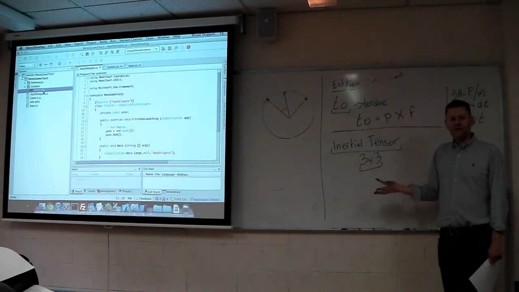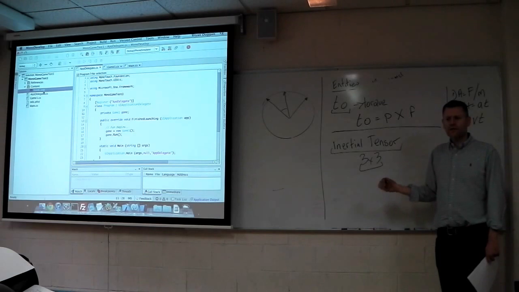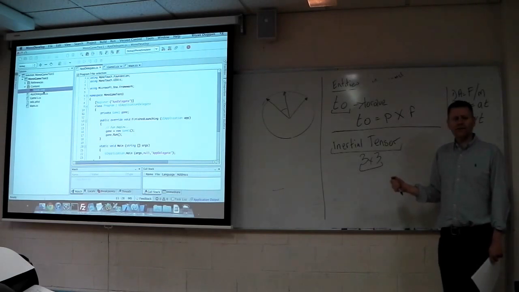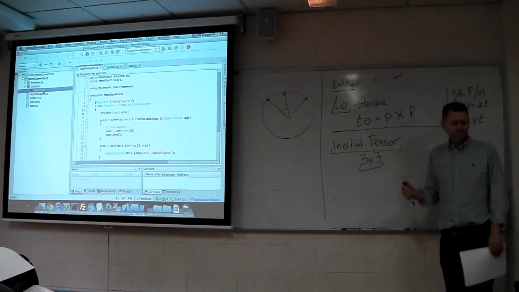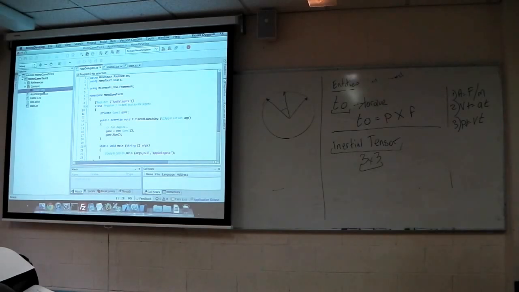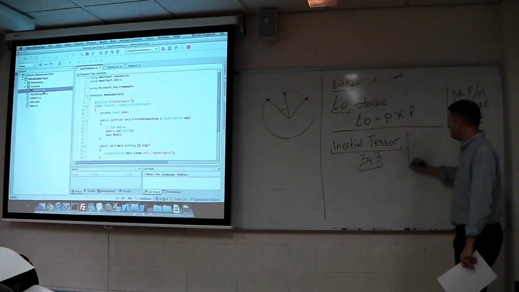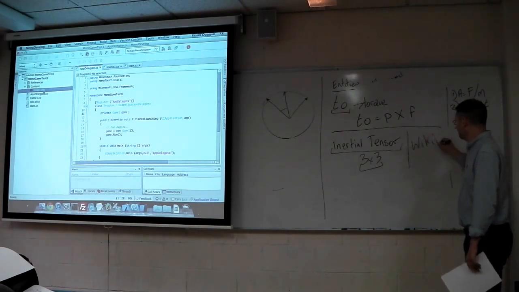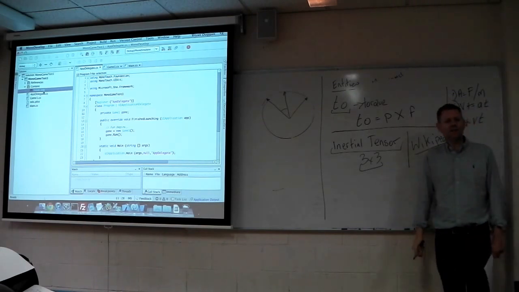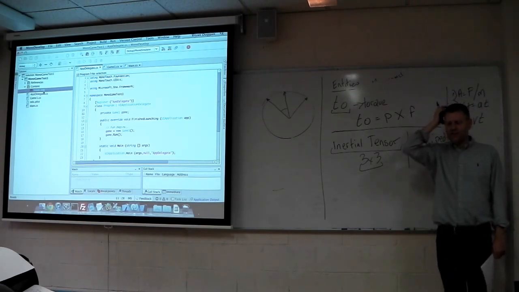How do you calculate it? Does anybody know? How would you generate it? Anybody? Any ideas? Yeah, the answer is look it up on Wikipedia. There are tables for inertial tensors for differently shaped objects.